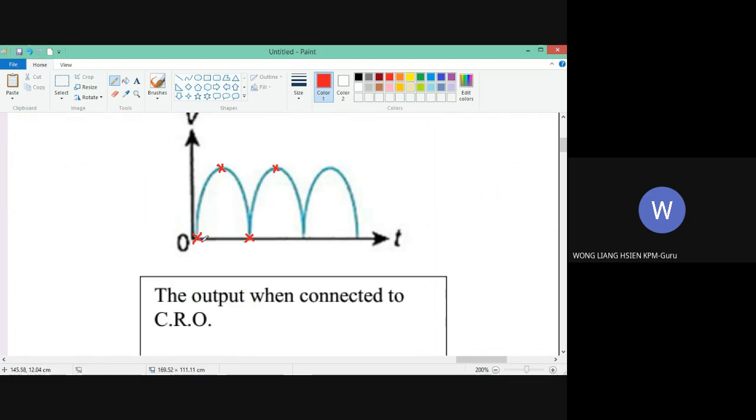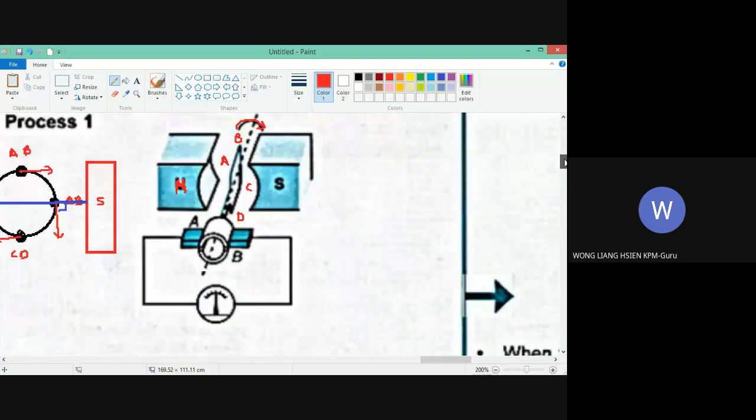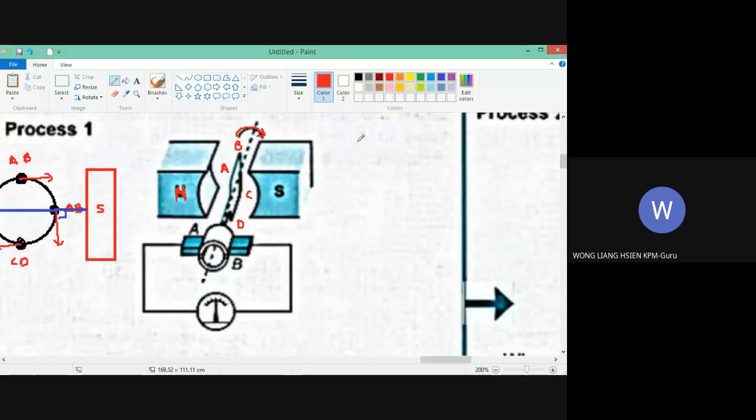So this is process 1, process 2, process 3, process 4. If we continue to rotate, it will go back to process 1 here. If we look at the angle of rotation, let's say starting here at process 1 is 0 degree.